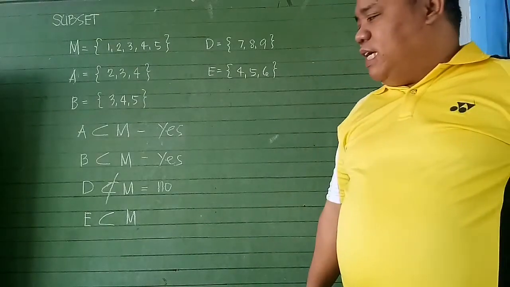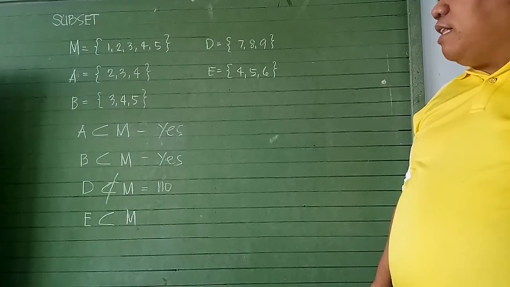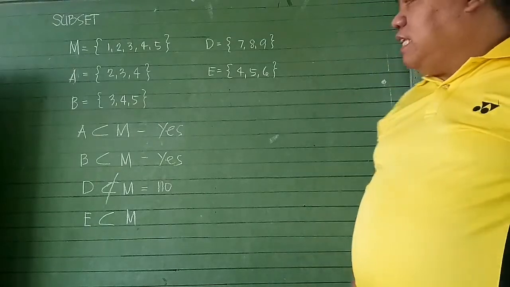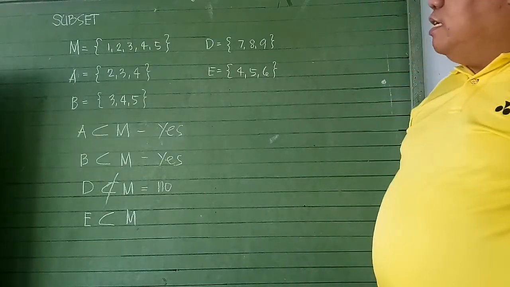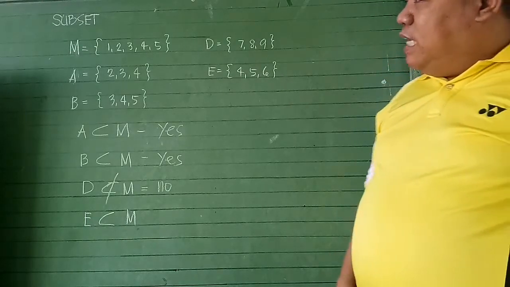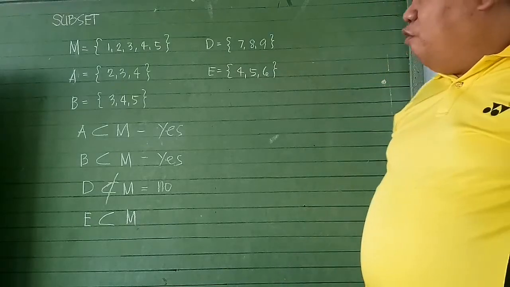Next, number 4. Is E a subset of M? Again, let us look at the elements found in E. The elements in E are 4, 5, and 6. Is there an element in M which is 4, 5, and 6? It's only 4 and 5.